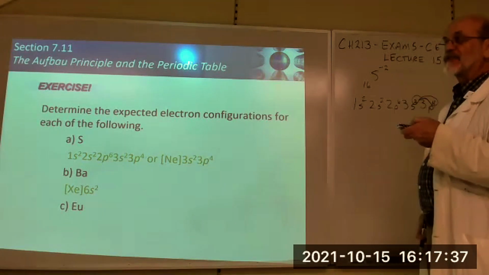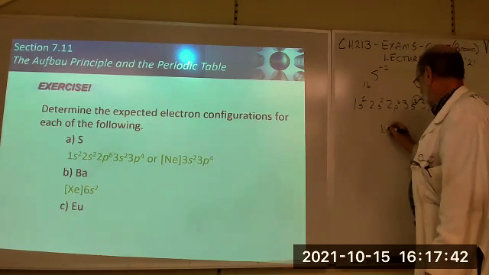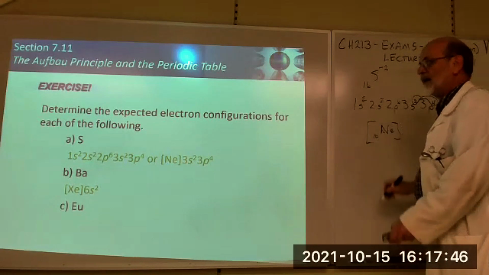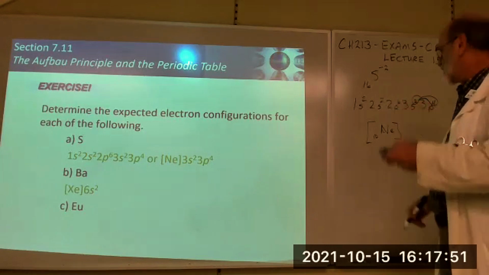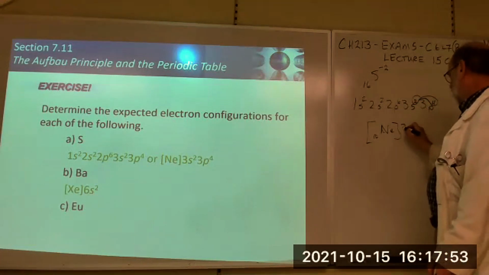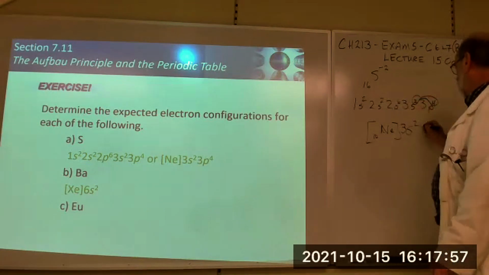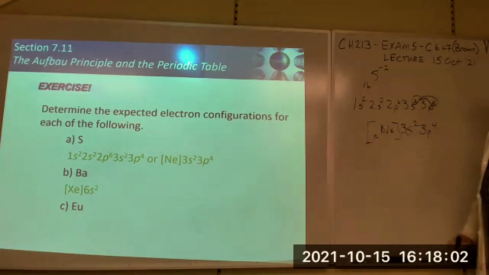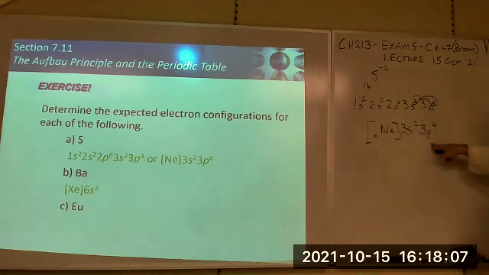So if you have a noble gas here, neon with 10, then you go beyond that and you say, okay, now we're down to 3s2, and then 3p4. So that's also the electronic structure. We know what the core is like, and then we just want these, because that gives us our valence electrons.